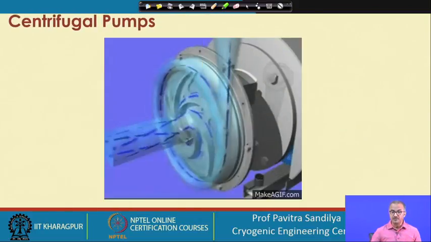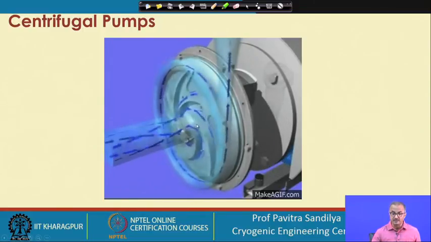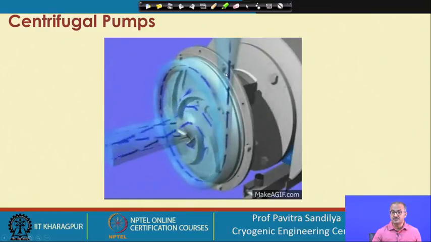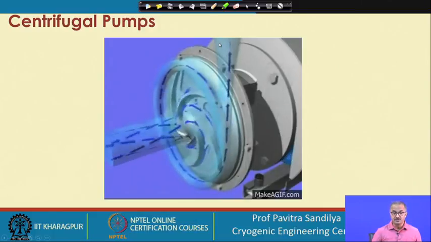So here we see how things are working: from the eye the liquid is coming in, and then it goes onto the impeller, to the impeller tip, then into the volute casing, and as you can see, the area of cross section is increasing. You can see it's a kind of diffuser section, and the pressure is increasing due to the decrease in kinetic energy, and ultimately we are getting a high pressure liquid.